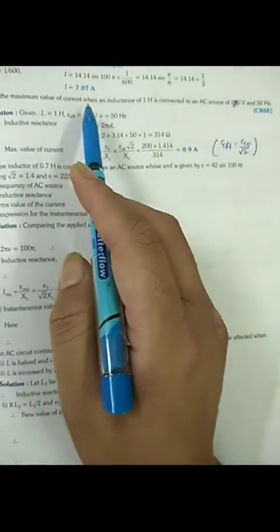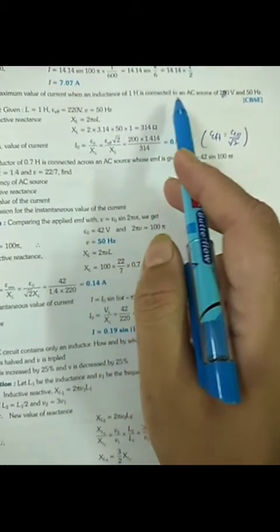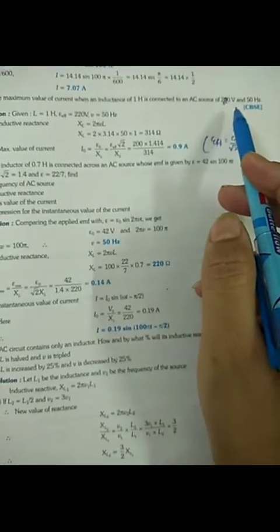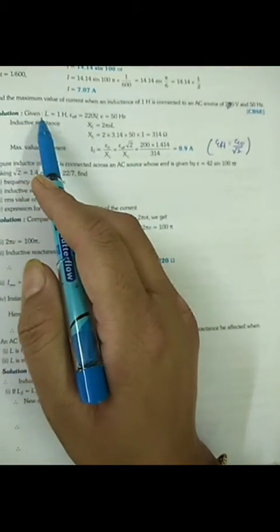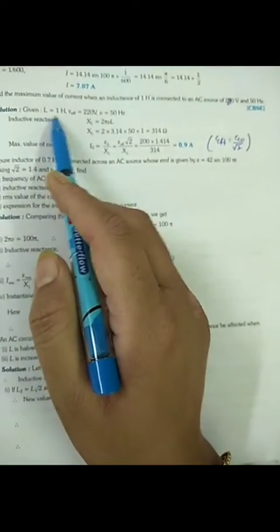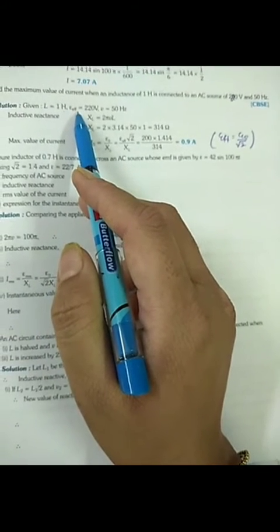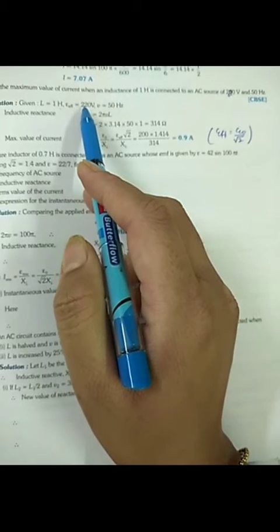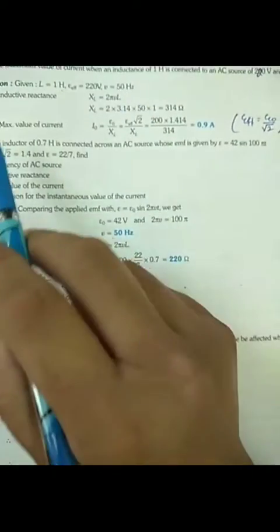Find the maximum value of current when an inductance of 1 Henry is connected to an AC source of 220 volt and 50 Hz. The given values are inductance L equals 1 Henry, effective EMF, or we will say RMS voltage, equals 220 volts, and frequency mu equals 50 Hz.